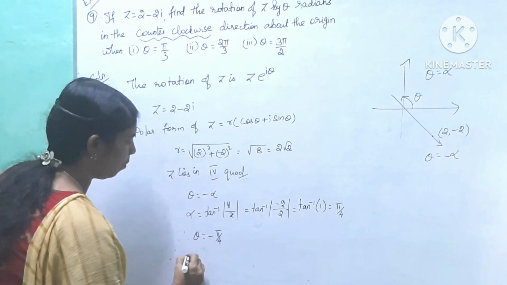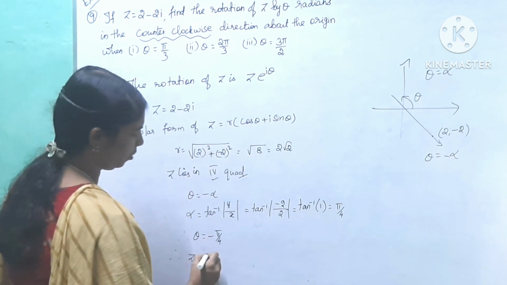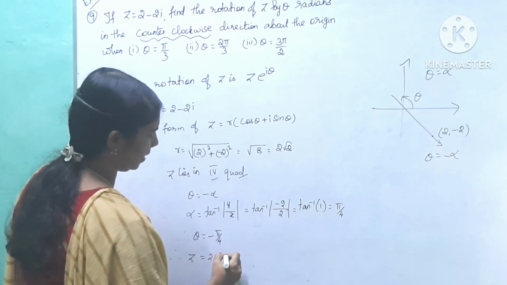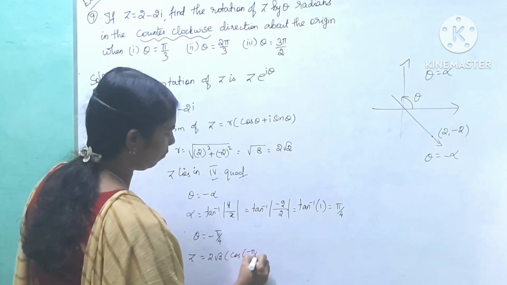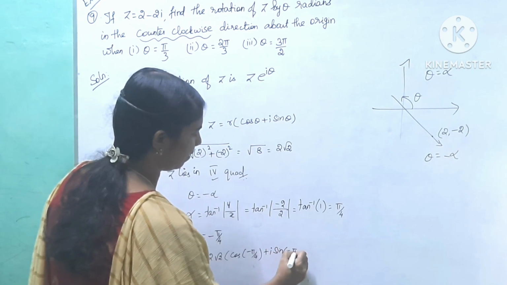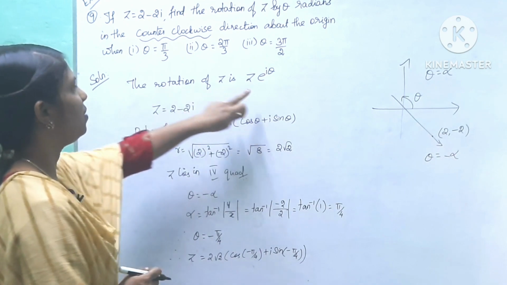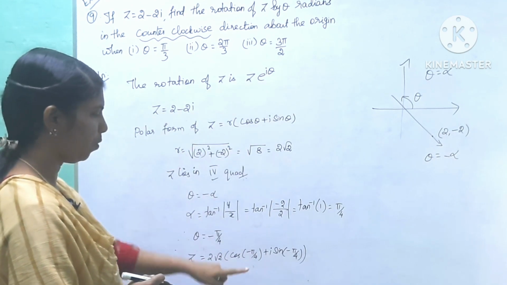So this gives the polar form of z as z is equal to r into, that is 2 root 2 into cos theta plus i sin theta, that is cos of minus pi by 4 plus i sin of minus pi by 4. Here, if we want the rotation, it is z into e power i theta, so z must be in polar form.